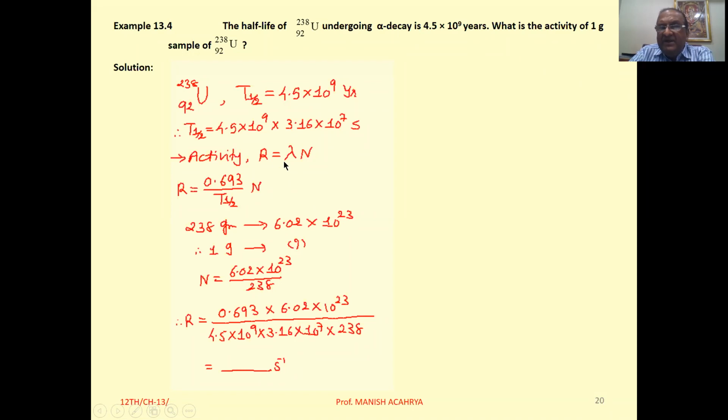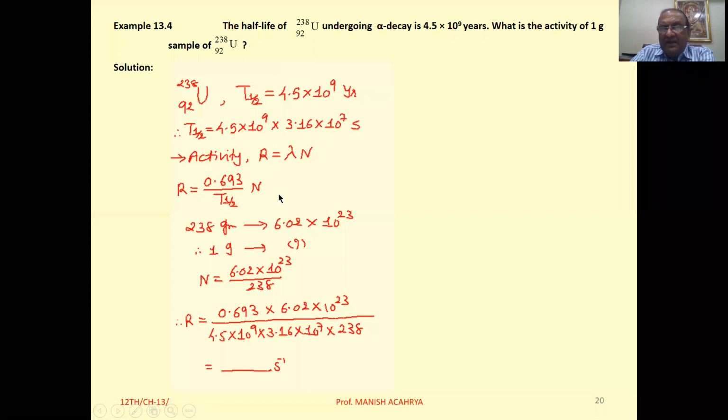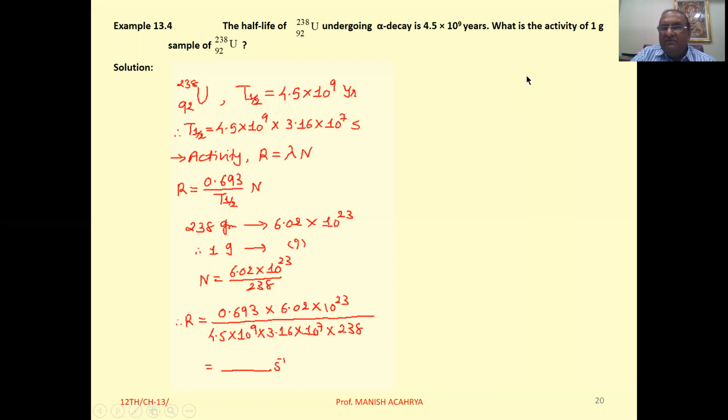Now activity R is equal to lambda into N. But lambda is 0.693 upon T1 by 2, into N. But here we want to find the activity of a 1 gram sample. So first of all, we have to find the number of nuclei in 1 gram sample.